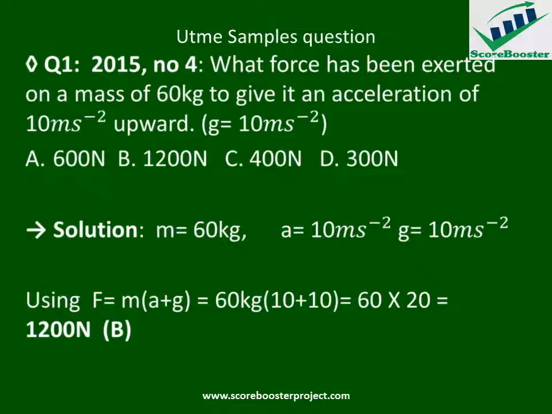So if you can recollect, for an elevator moving upward, we said the total tensional force will be m into A plus G. So in applying this formula here, you have F, tensional force, which is equal to m, that is 60 kg, into A, the linear acceleration in the lift, that is 10, plus acceleration due to gravity G, which is also 10. Of course, that will give us 60 times 20, which is equal to 1200 Newton, making option B the correct answer for this particular question.